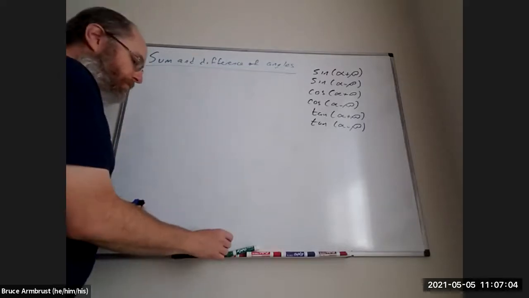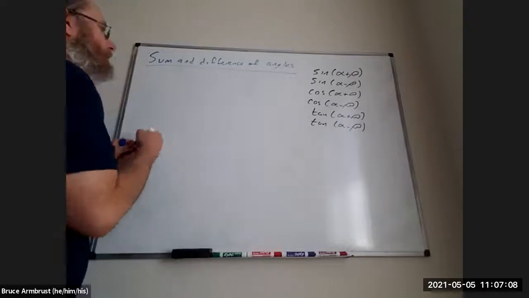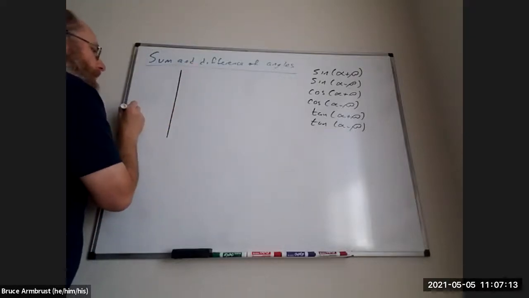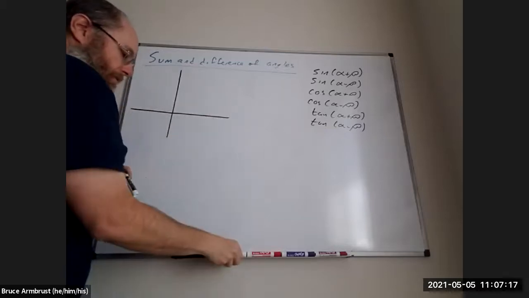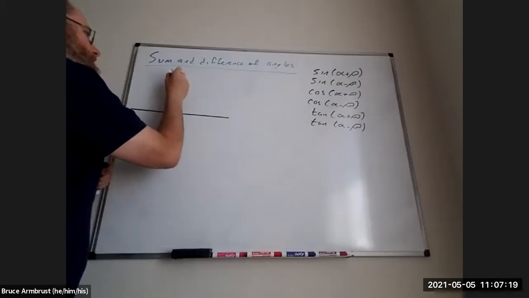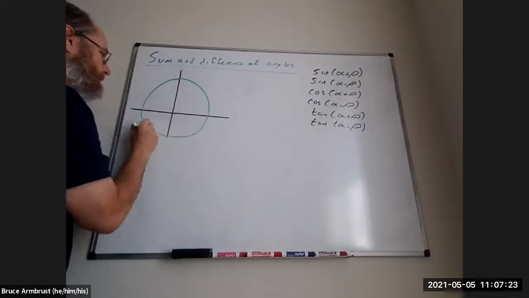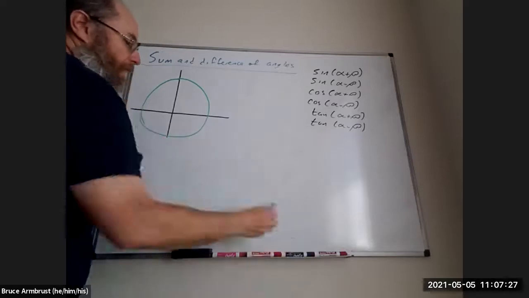So what we're going to do is we're actually going to go back to the unit circle. And I'm going to put two angles on here. I'm going to put alpha and beta on our unit circle. So let's make our unit circle. So this guy here. So there's a unit circle, and we need two angles, alpha and beta.